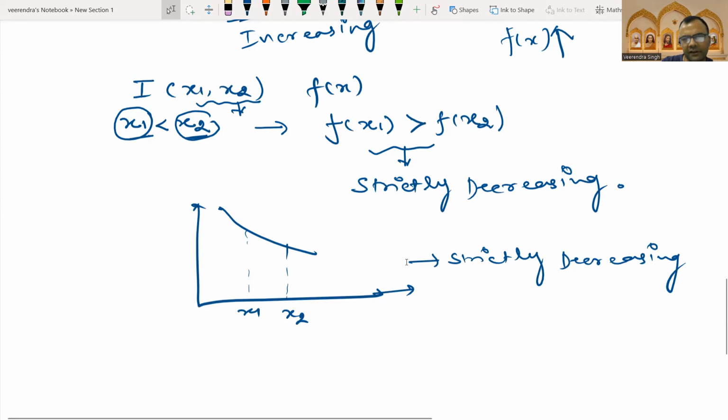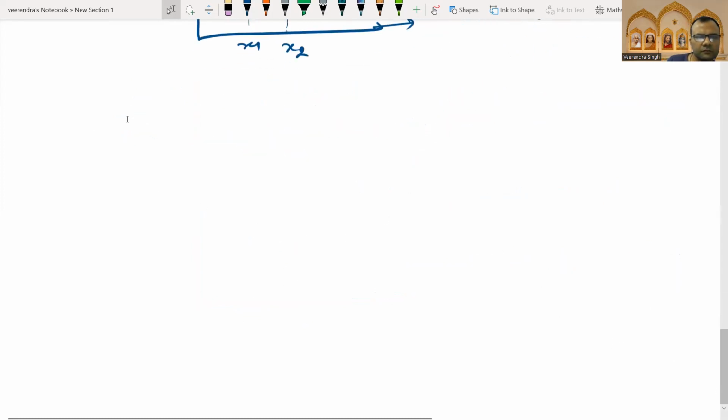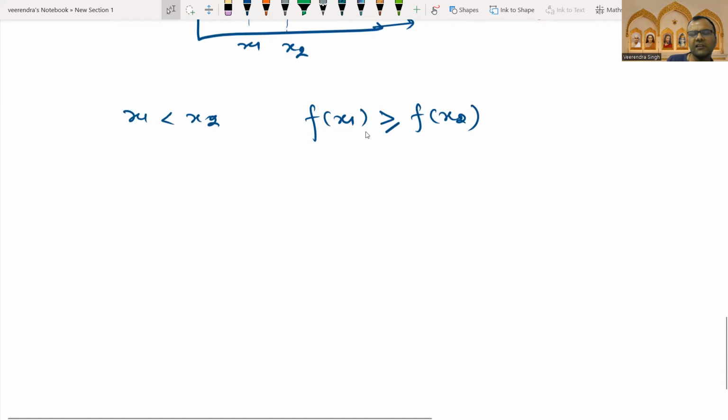Now suppose I take x1 less than x2, and f of x1 is greater than or equal to f of x2. What does that mean? At any point, it may be possible that the function's value is not changing, that the values are coming the same.